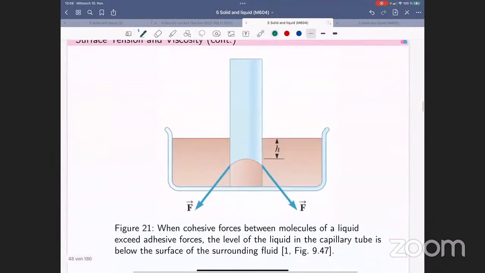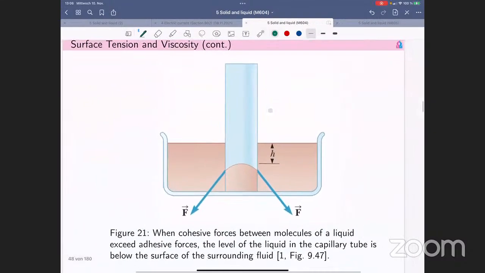And in the mercury case, the mercury level is going to be lower than the typical level in the big container. And of course, if we measure the angle in this way, we're going to call it angle phi.